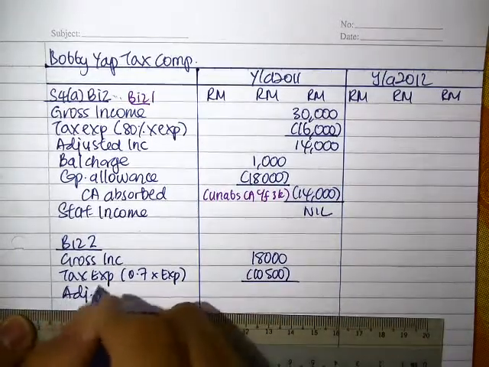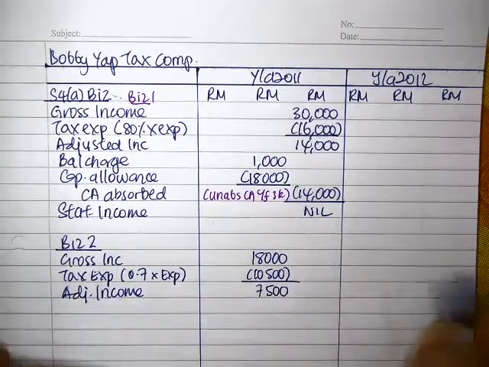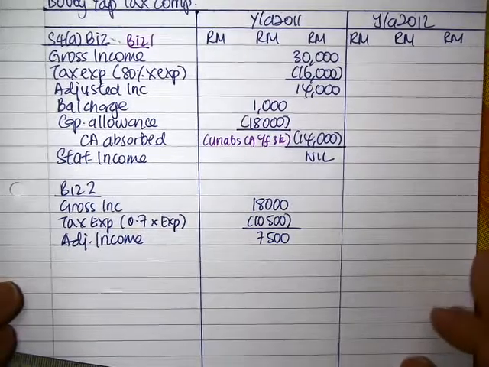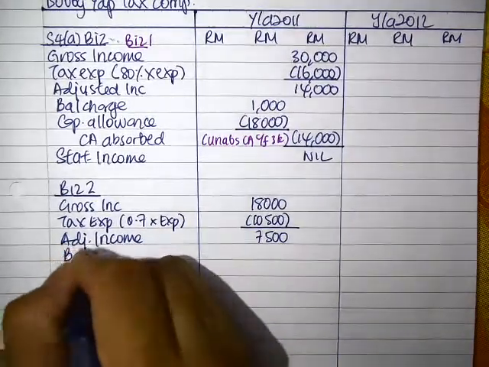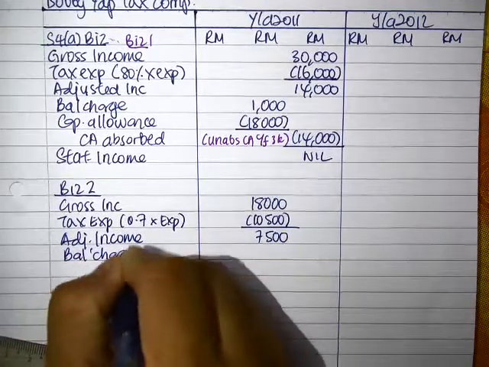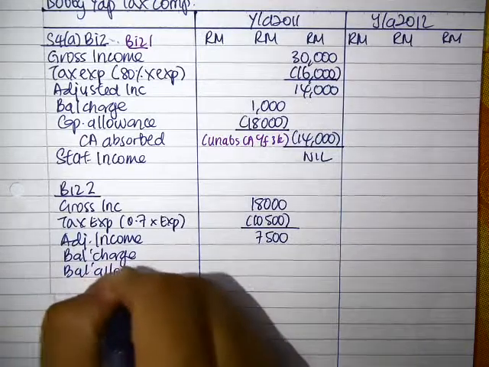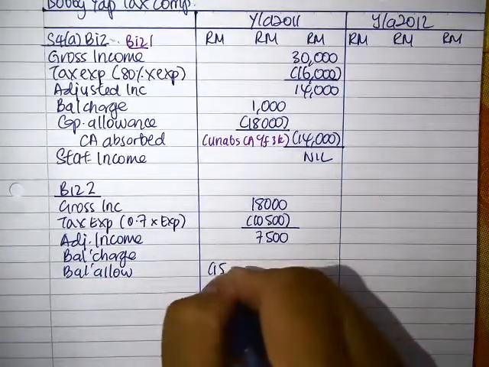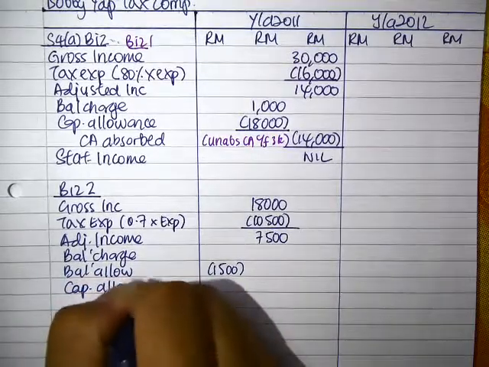That's my adjusted 7.5. We've been told that there's no balancing charge, but it's a balancing allowance, which is 1,005, and the capital allowance 6,000.